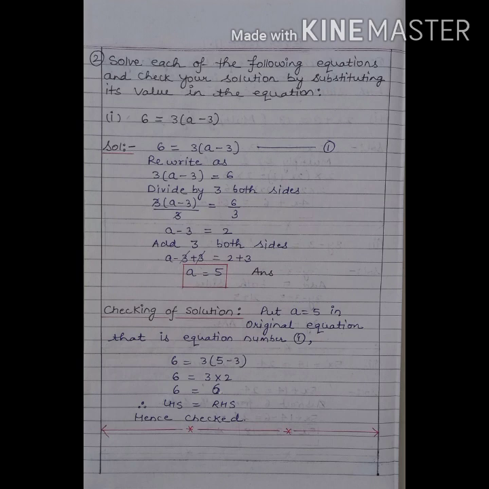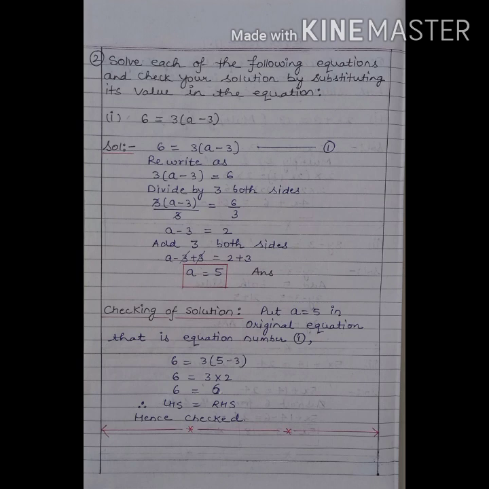So we will rewrite this equation by shifting the right hand side to the left hand side and the left hand side to the right hand side, and this equation will become 3(a - 3) = 6. Now our purpose is to apply various operations and isolate a on the left hand side.